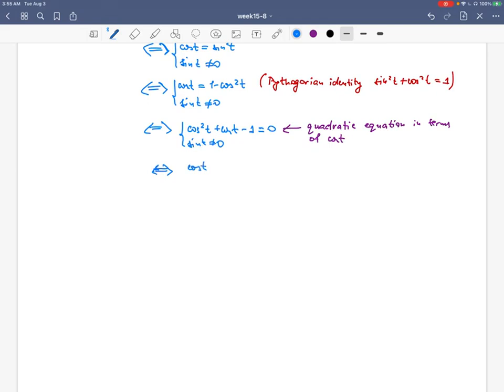we get that cosine t equals -1 plus minus the square root of 1 squared minus 4 times 1 times -1, over 2, and sine t is not 0.